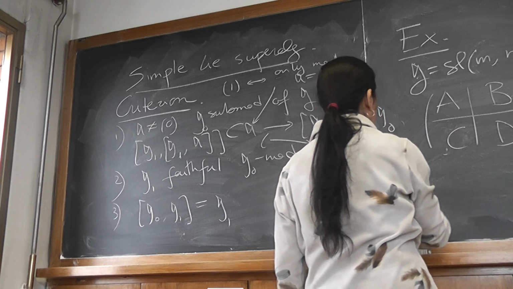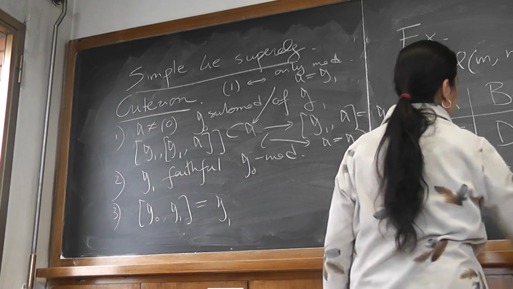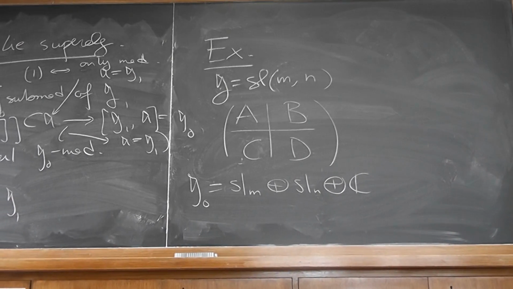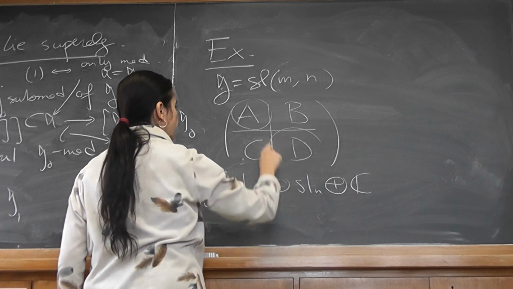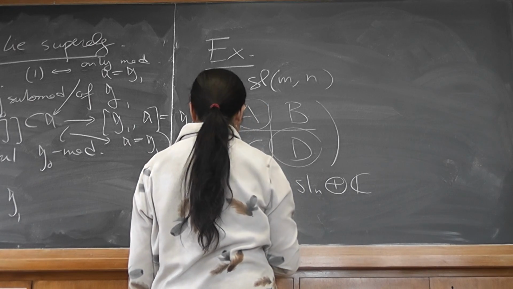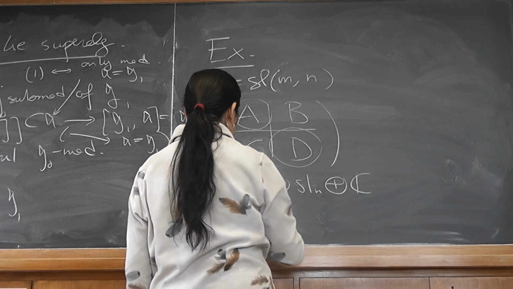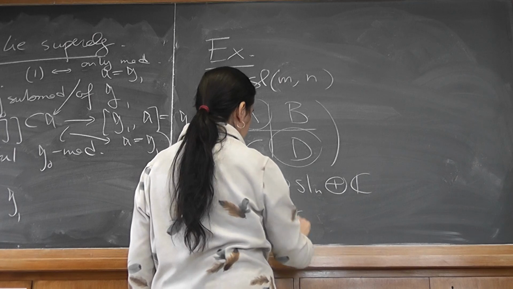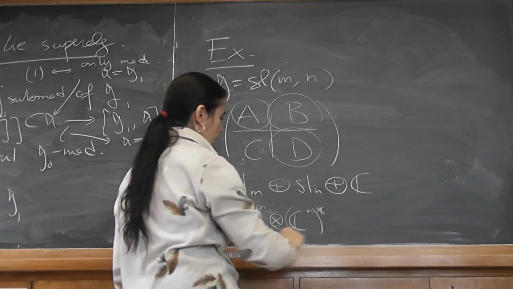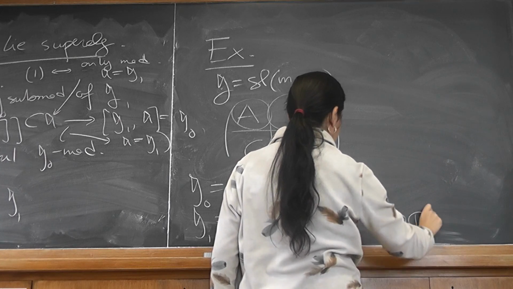So G0 was the sum of SL_m plus SL_n over a field, say over C. And then G1 was the tensor product, so this part is G0, and this part is G1. We call it C^m times C^n star, meaning the dual representation, and then plus it was decomposing into two parts, C^n times C^m star.